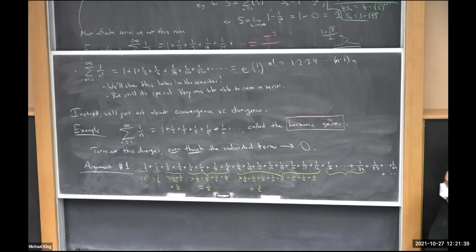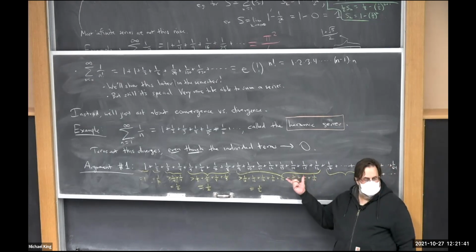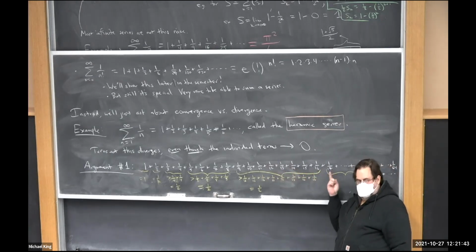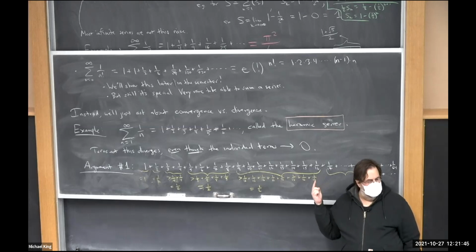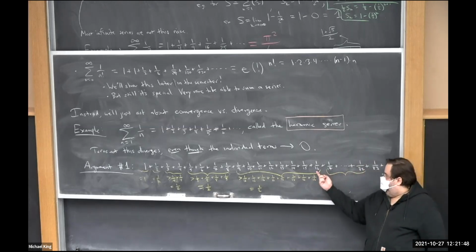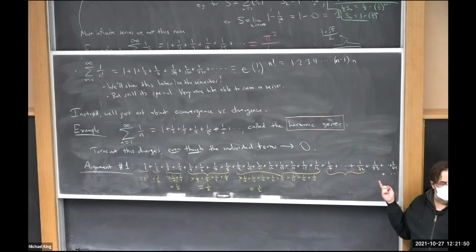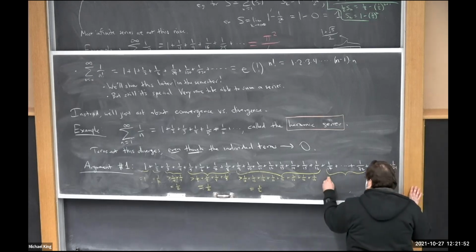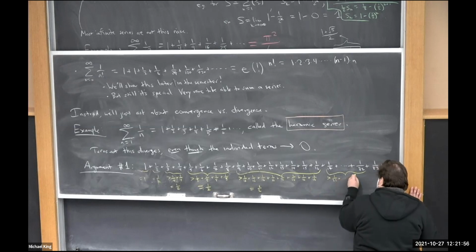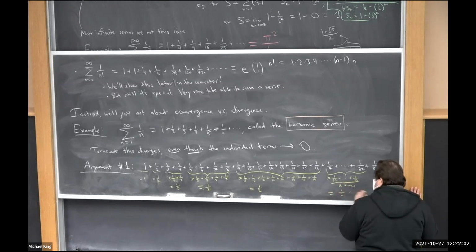From 1 to 8, there's 8 terms. So from 9 to 16, there's also 8 terms, because 8 plus 8 is 16. From 1 to 16, there's 16 terms. So from 17 to 32, there's also 16 terms. So this is greater than 1 over 32 plus 1 over 32, 16 times, which is a half.